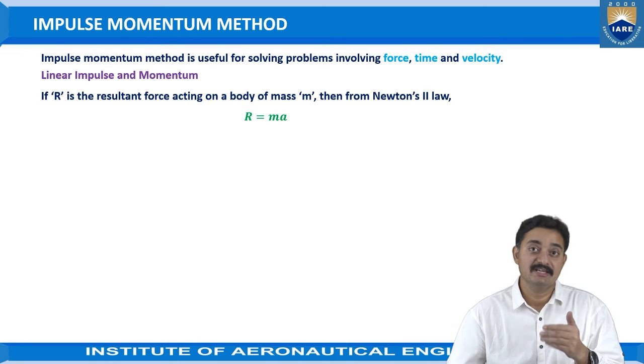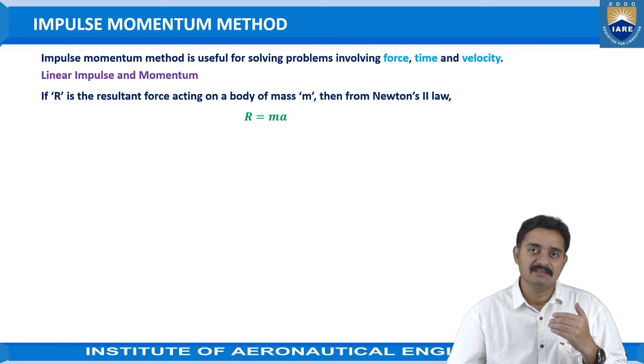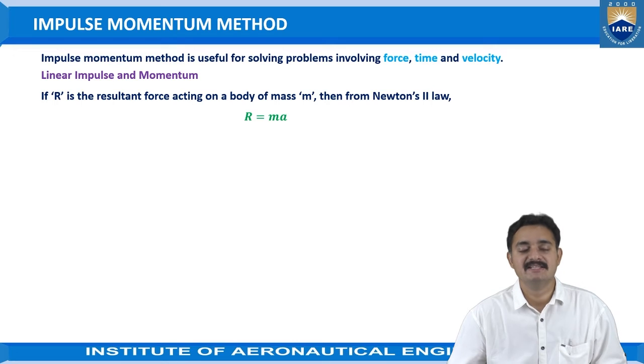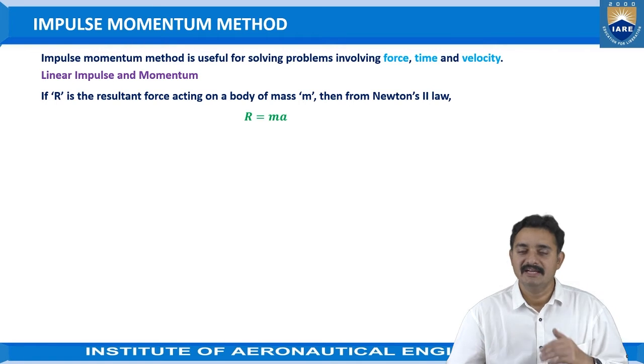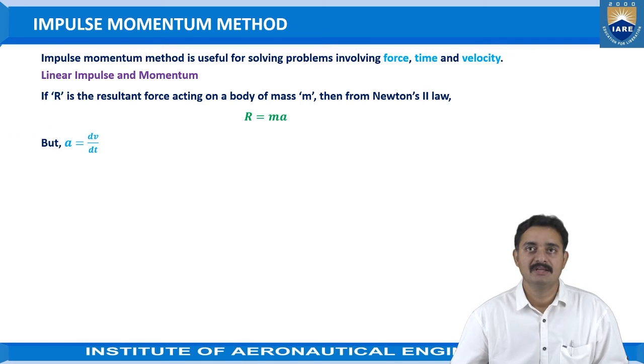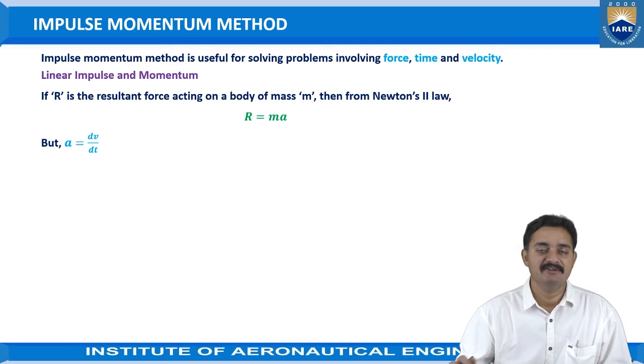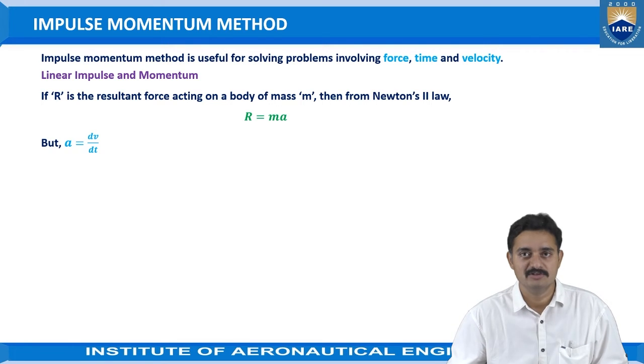As the example we have taken the forces F1, F2 and F3, when these three forces are acting in the system, let us say the body has achieved an acceleration of a. That is the acceleration a that we are considering here. But we already know that acceleration a is given as the rate of change of velocity.